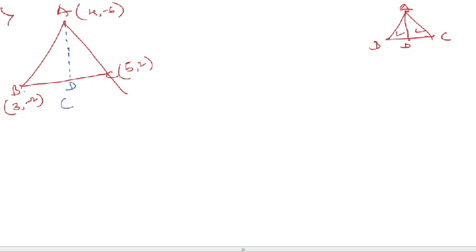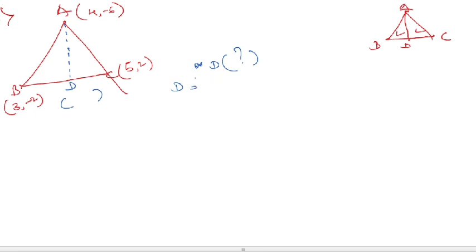By using midpoint formula with B and C we can calculate the D coordinates. So we do not know the value of D. So D is equal to, what is the formula?